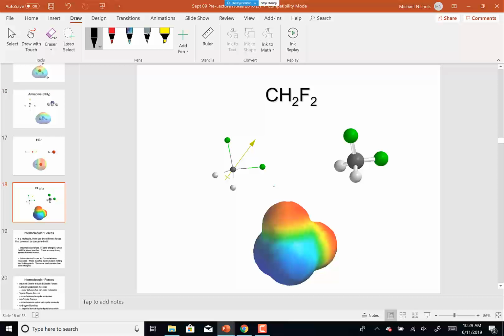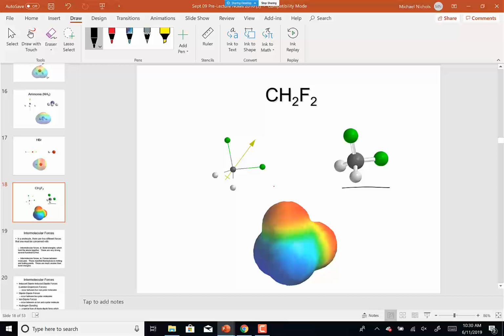And so we could skip ahead here to do CH2F2. Now CH2F2 is tetrahedral. So here is CH2F2. How would we get the geometry? Well, we'd have to do this with a tetrahedron in three dimensions.